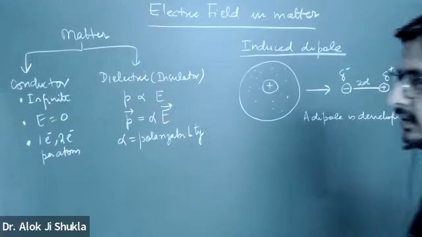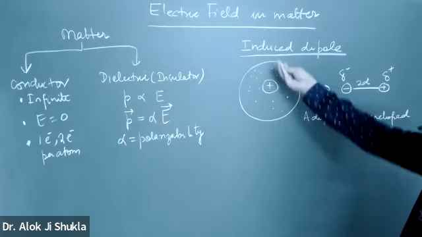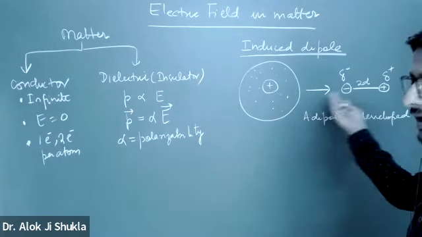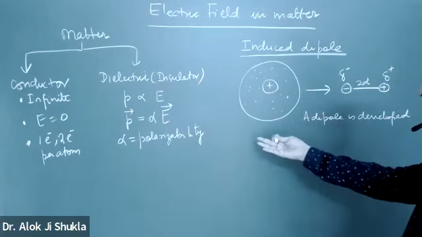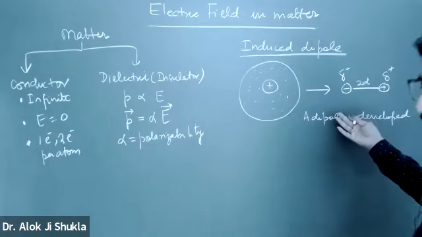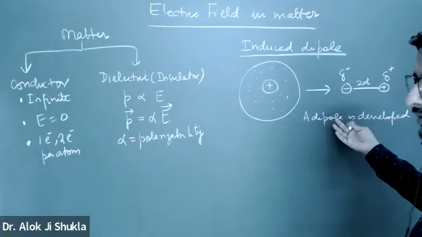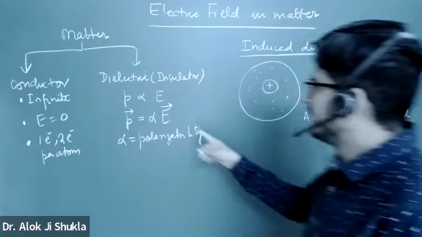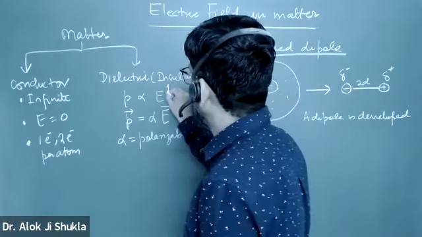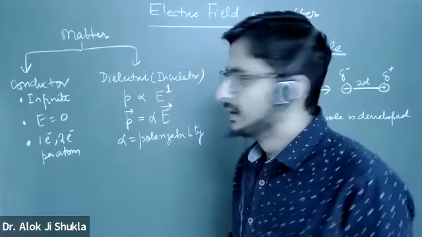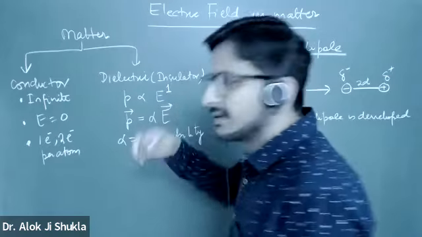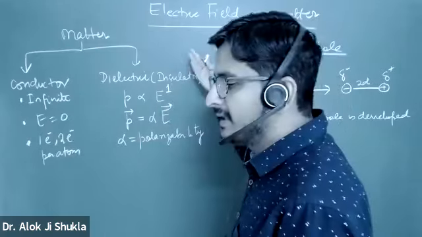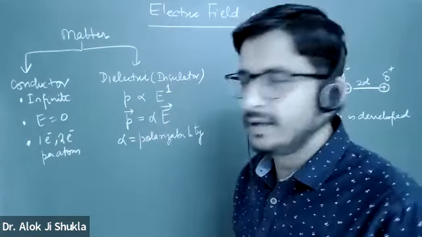So when you apply an electric field to a dielectric, these are called induced dipoles, because when you apply the electric field, these dipoles are created. And I have taken the linear stage, E to the power 1. Because if the value of field is higher, this will depend on E square also, that is called non-linearity, okay?